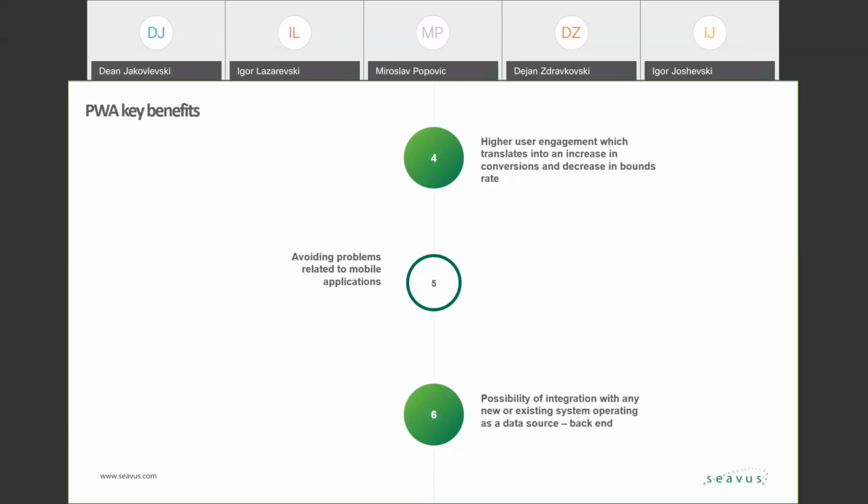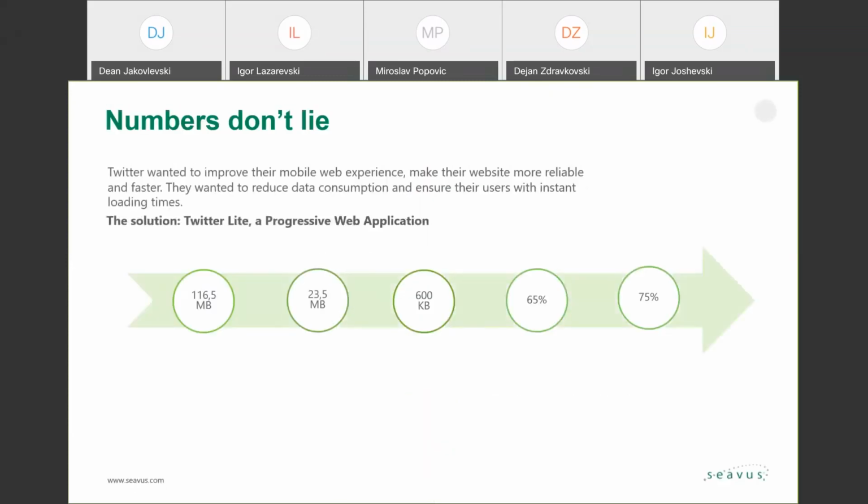The companies or brands that launched a progressive web application saw impressive results. I will share the numbers about the Twitter application. Twitter wanted to improve their mobile web experience, and they decided to create Twitter Lite. That happened 2 years ago, and they saw really impressive results.